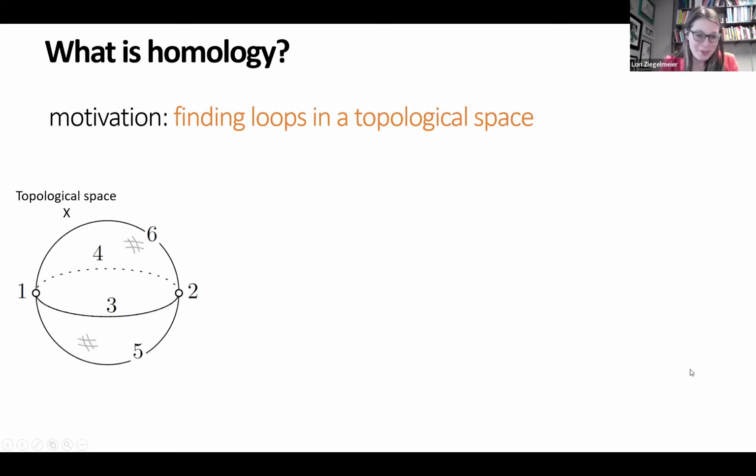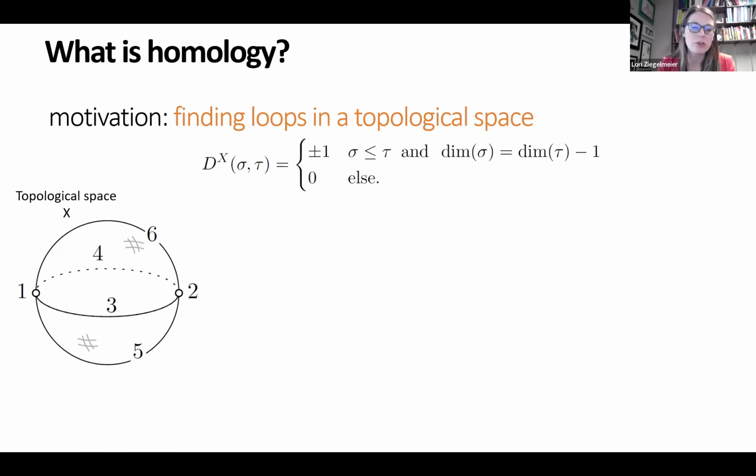Okay. So I'm sure most people here know homology, but I want this to be a standalone talk, so I will give a super quick overview here. What is homology? Basically, it's finding loops in a topological space. If we have a CW complex, which is a two-sphere, we can think of this as a union of points, lines, disks, and balls. And what we want to do is be able to describe the structure of this topological space.